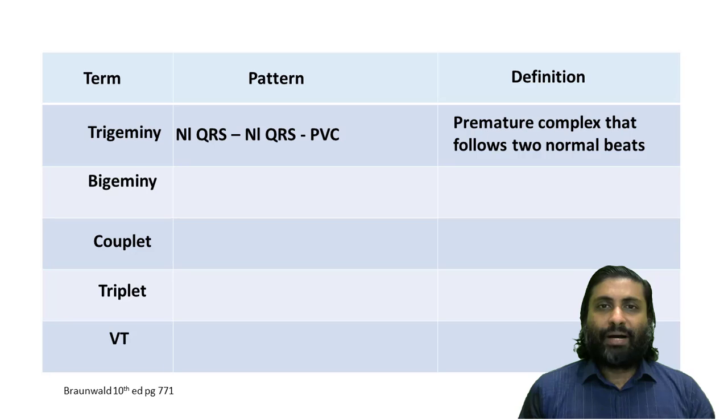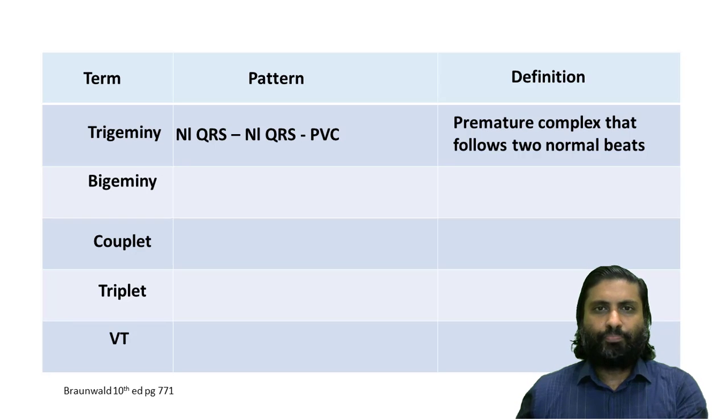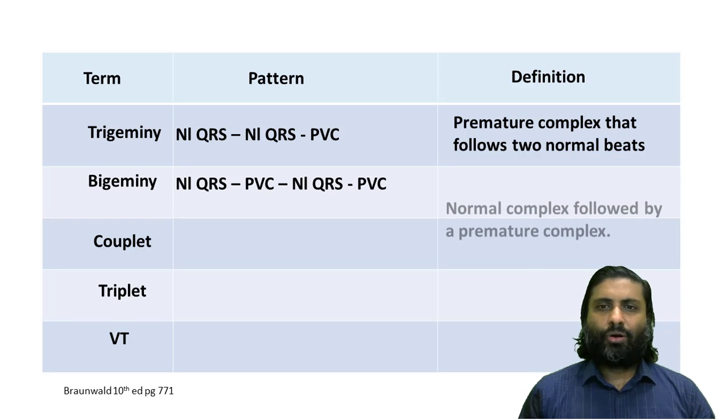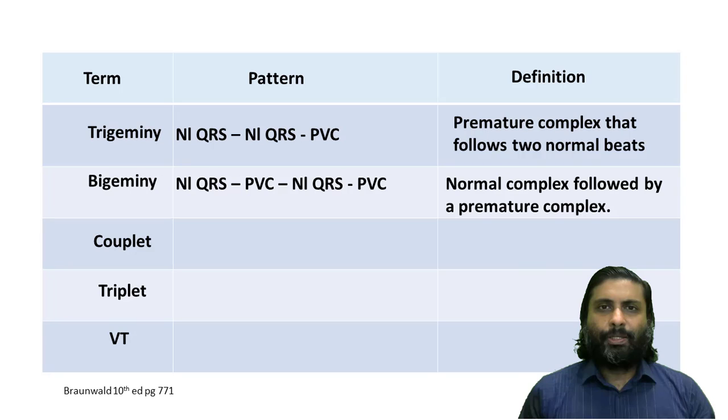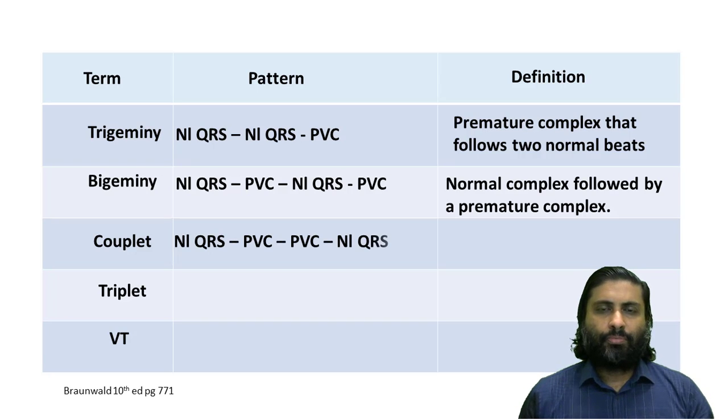On the other hand, a bigeminy would mean a normal QRS complex and then a PVC, normal QRS complex, PVC, and so on. So every alternate beat would be a PVC. Now in the case of a couplet, as you can imagine, it would mean a normal QRS followed by two PVCs and then a normal QRS, two PVCs, and so on.